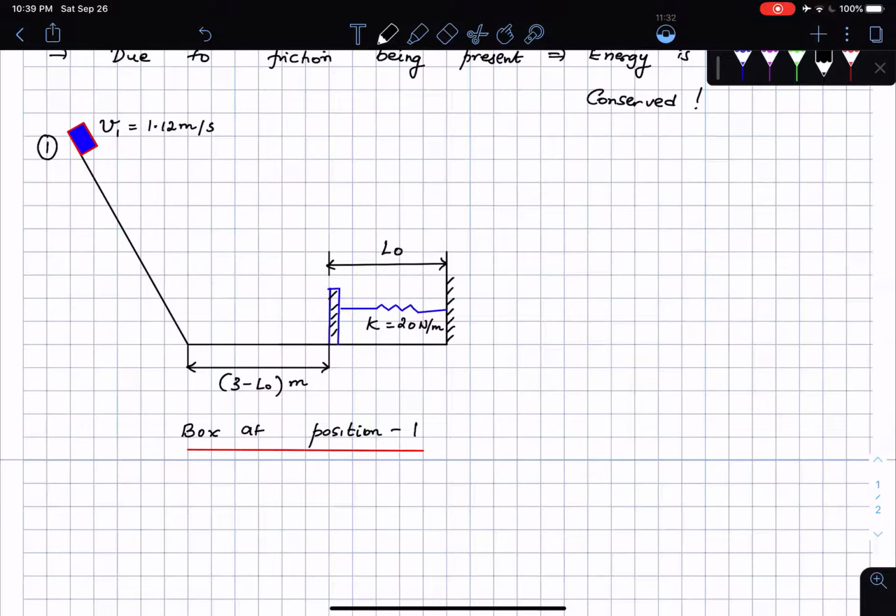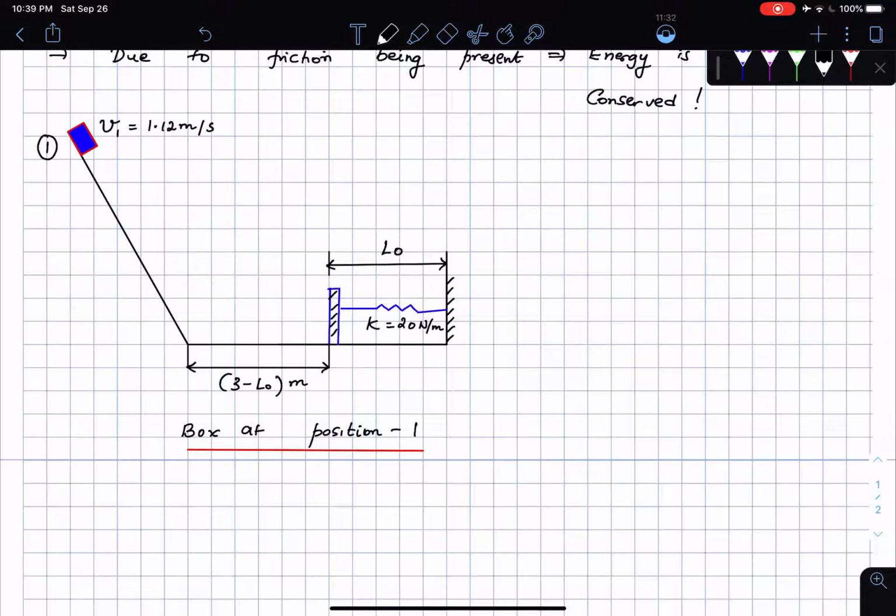Then I have a horizontal portion on my incline. Let me make sure that is drawn here as the darker colored portion. I'm going to copy that and paste it here. Now watch what's going to happen. I had this wall here, so I need to draw that as well. So that is the situation here.